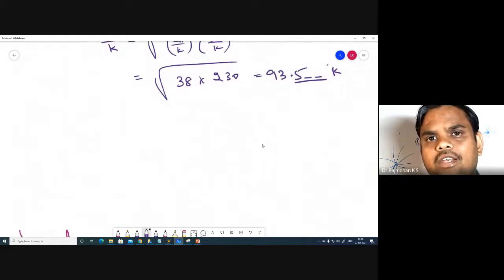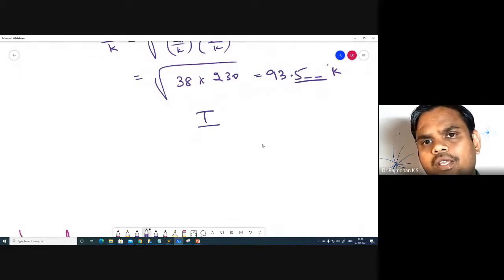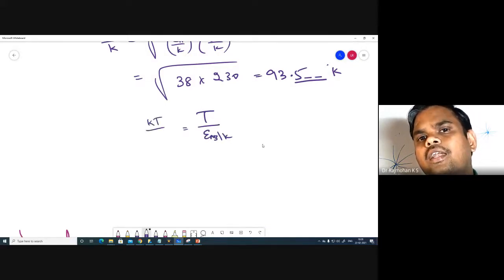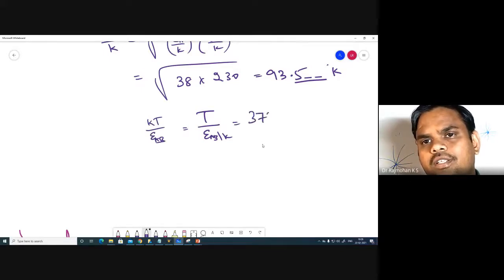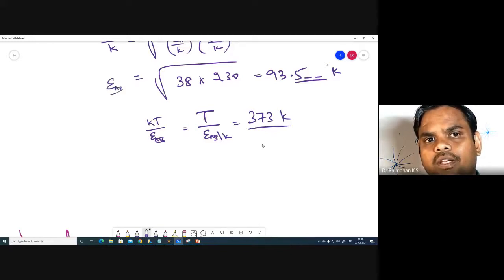So if this is our value, we have to do T by epsilon AB by k, that is kT by epsilon AB. What is our temperature? It is 373 Kelvin. What is epsilon AB by k?